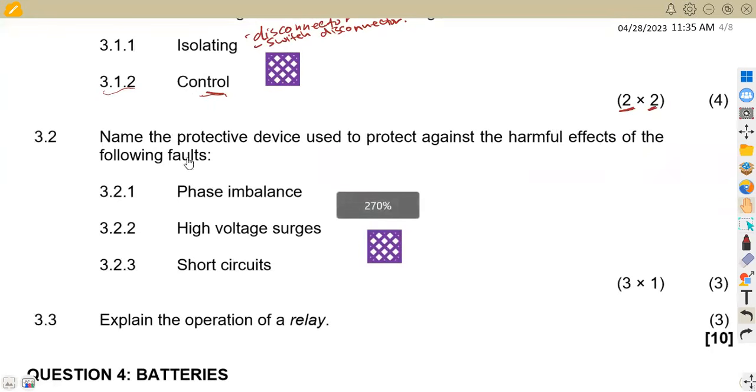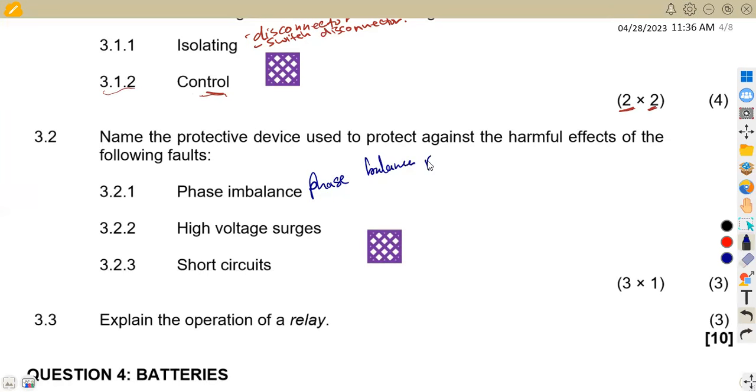So what is the protective device that we can use? All right, if you check this question with November 2020, they asked a similar question. So they do actually repeat questions. Okay, so for phase imbalance, we can use phase balance protective relays. So here we can just use our phase balance. All right, that's so.